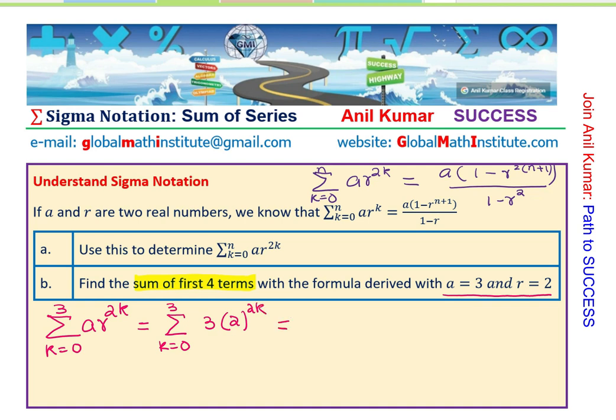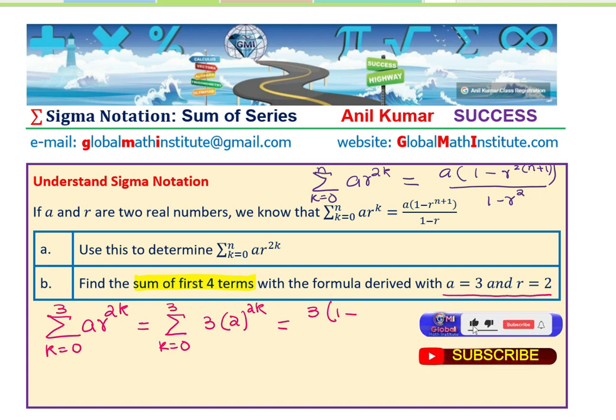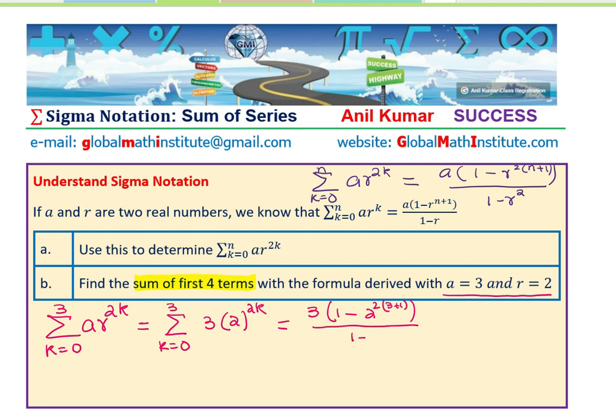If I use the formula, a is equal to 3 for us, and we have 1 minus r to the power of 2 times n plus 1, with n being 3, so 3 plus 1, divided by 1 minus r square, which is 2 square.